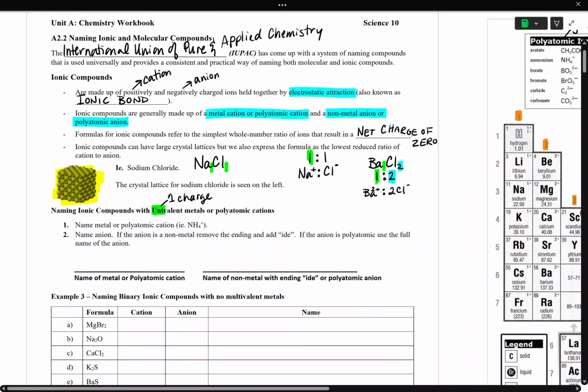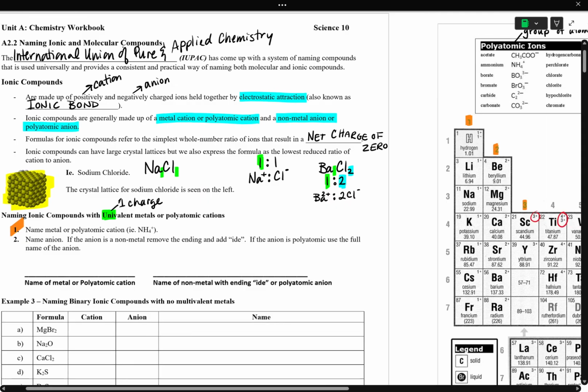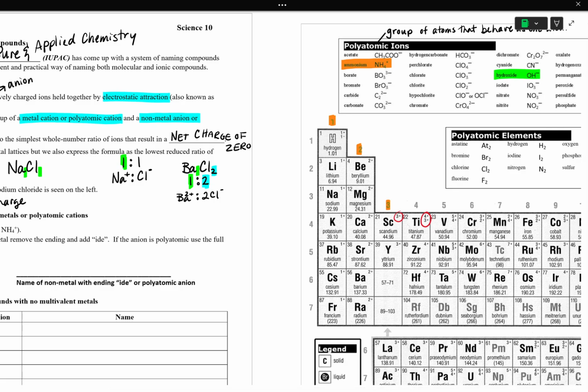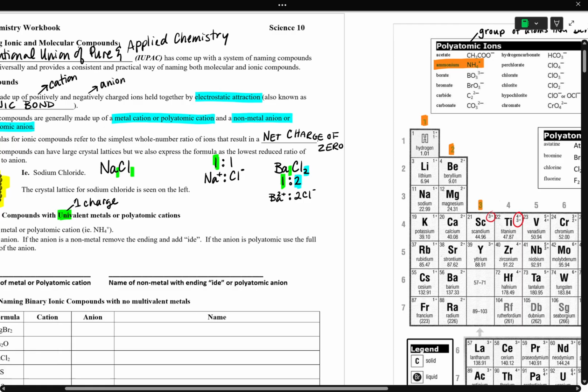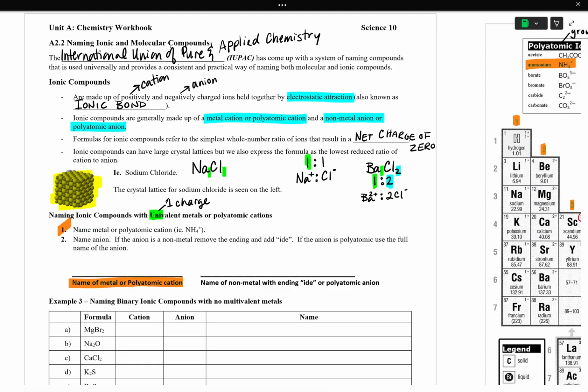When we name an ionic compound, step 1, we name the metal or polyatomic cation. The only polyatomic cation that is positive is ammonium. All the other polyatomics that we're going to be dealing with are negative. The second step is we name the anion. The anion will always end in "ide," and sometimes we'll have a polyatomic anion, so then we will write whatever name it has.